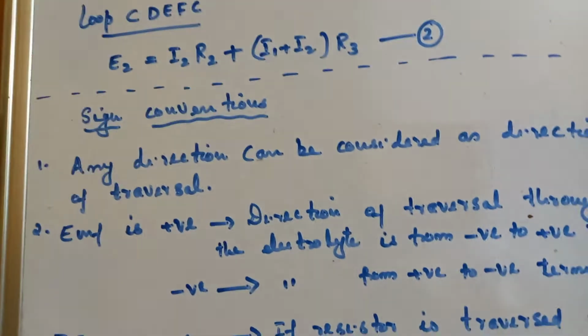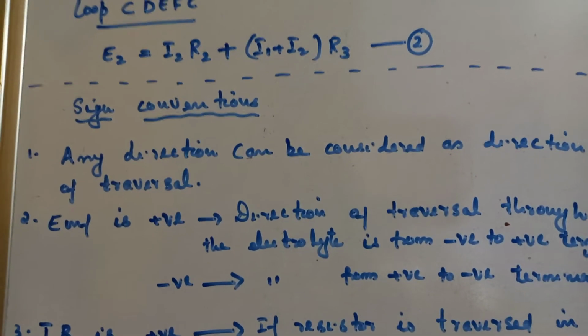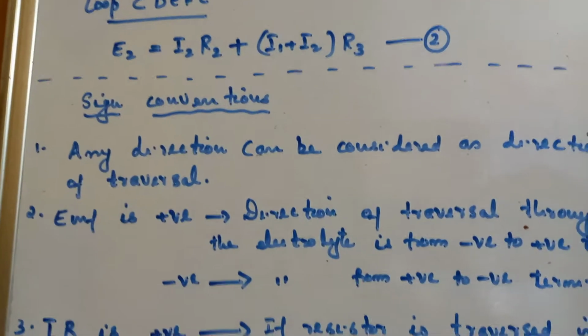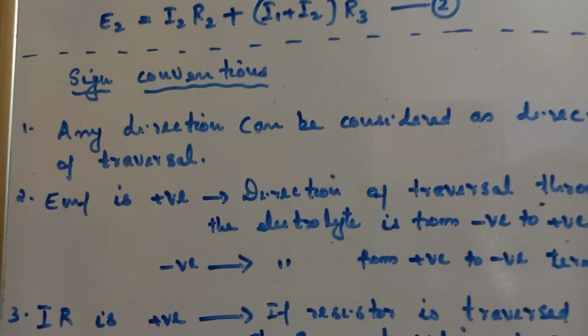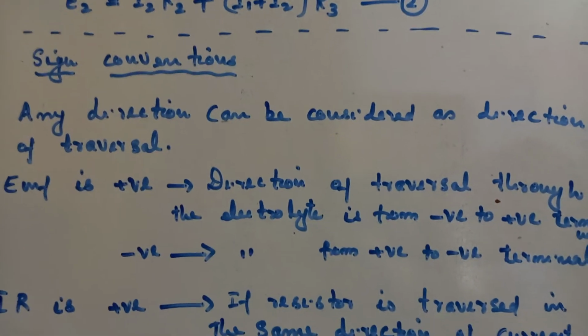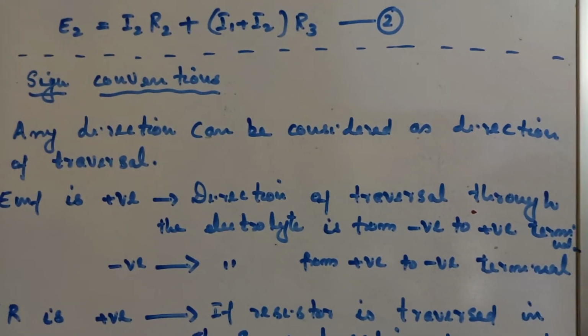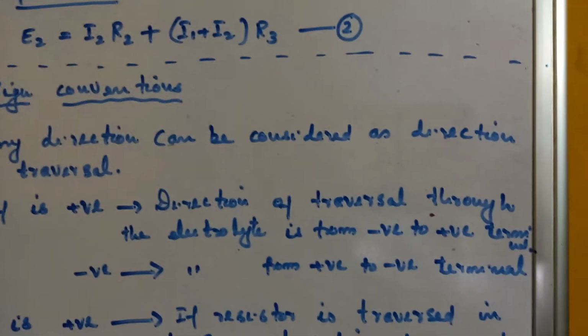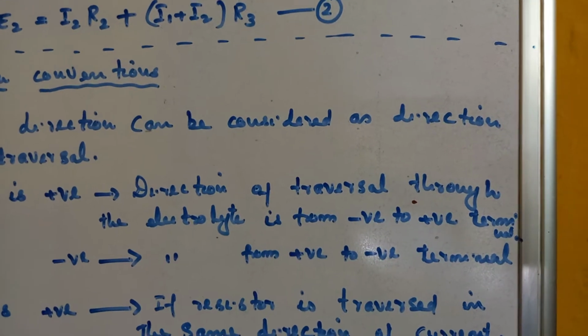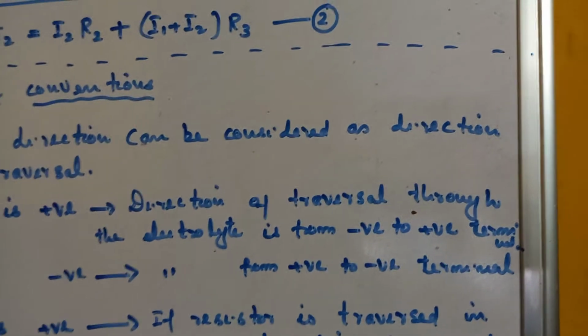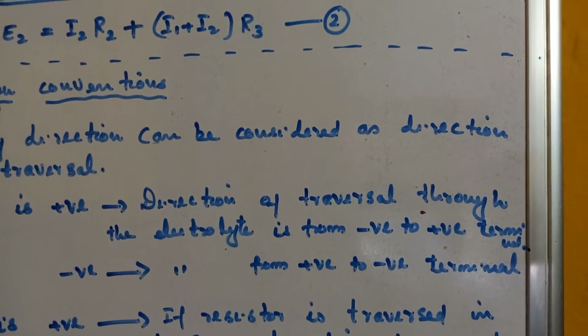Number two: in the closed loop you have considered, if any cell is there, then whether the EMF will be positive or negative, for that you listen here. EMF is positive if the direction of traversal through the electrolyte is from negative to positive terminal.